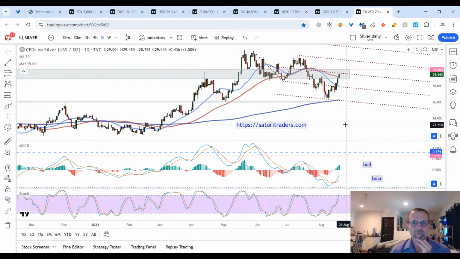And to be fair to the equities, we'd have to describe silver as being in a technical downtrend still. So we talk about high, low, lower high, lower low, lower high. And so until price rises above this level, silver is still in a technical downtrend, and that's supported by MACD.